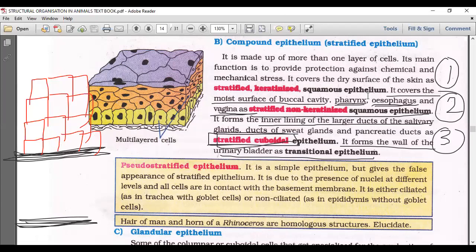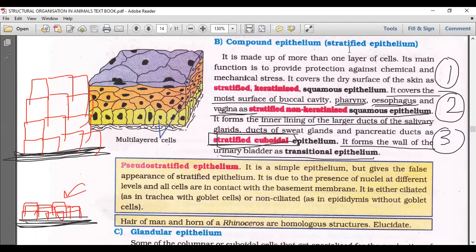When this layer is stretched, it seems the number of rows of cells is reduced because of their overlapping. Just imagine an elastic rubber band. When you pull it, it seems to be thin because of overlapping of cells. So what is the situation actually?